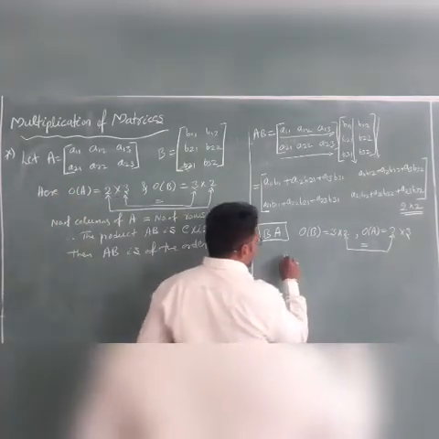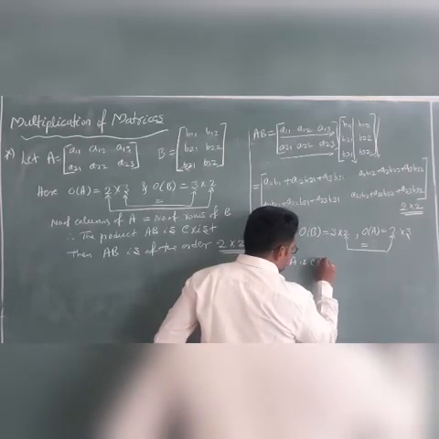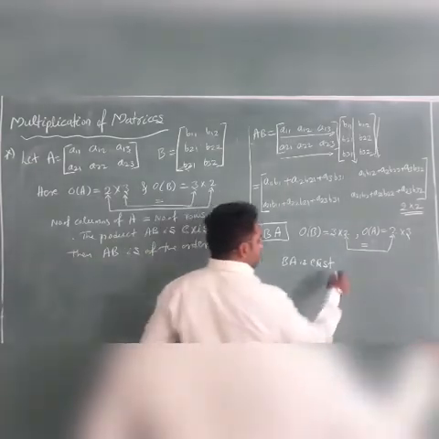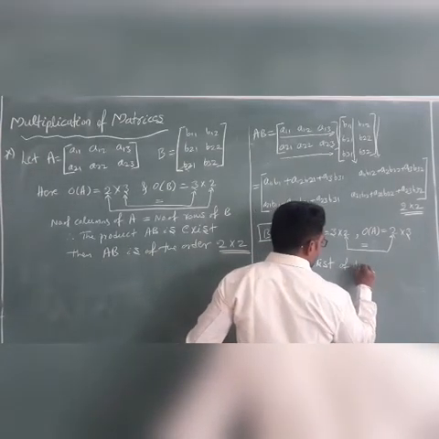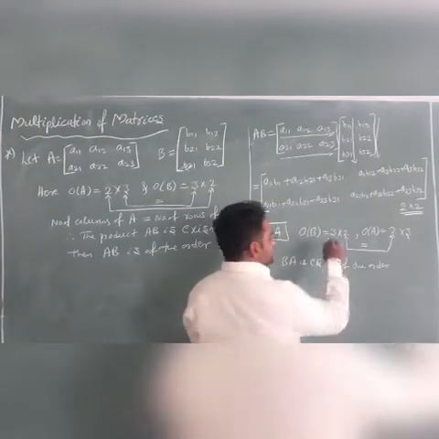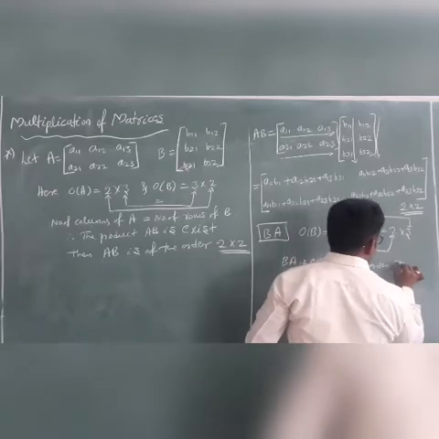So BA exists, or you can define the product BA of the order. What is the order, students? That is a 3 by 3 matrix.